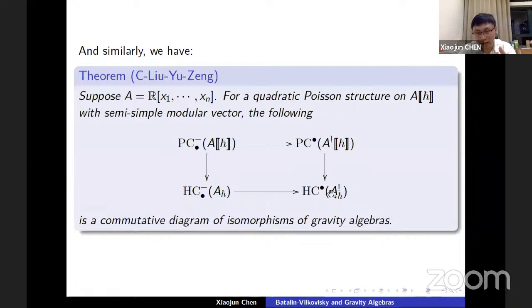And this is the cyclic cohomology of the quantization of A^!. So it's also a cyclic homology of associative algebras. So they are also isomorphic as Gerstenhaber algebras if the modular vector is semi-simple.